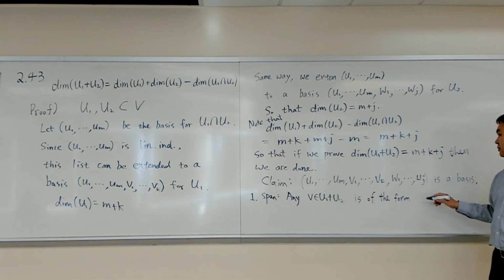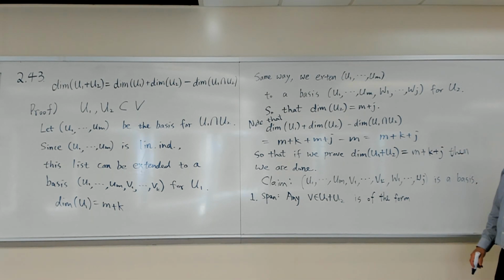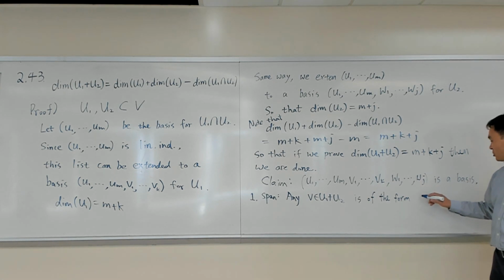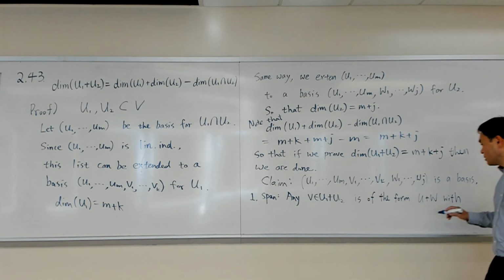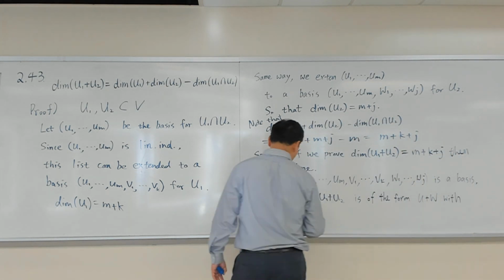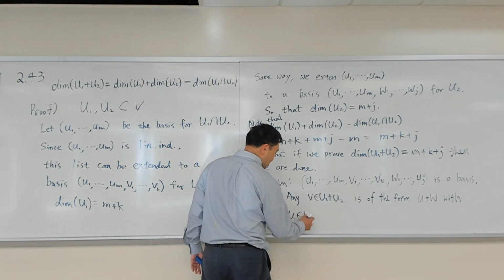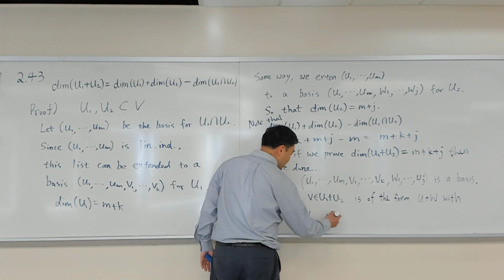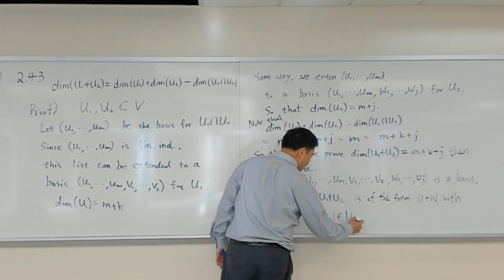I'll say, gee, I'm running out of letters. I already used u and w. I'll just use u and w. Hopefully it's not going to confuse people. So u plus w with u in U1 and w in U2.